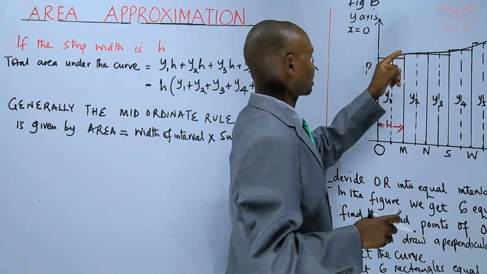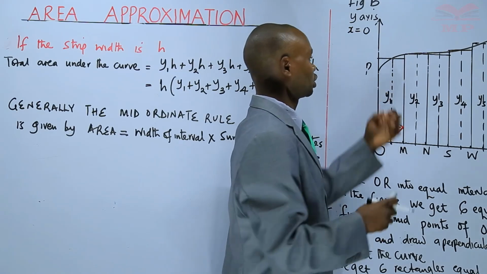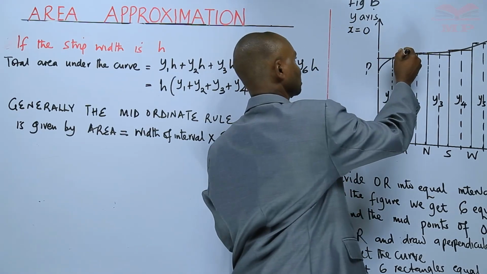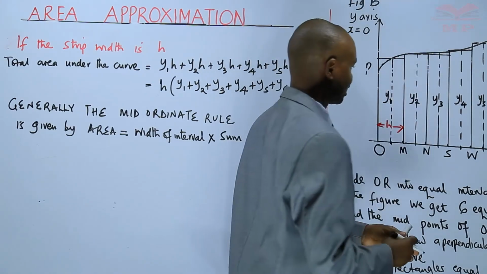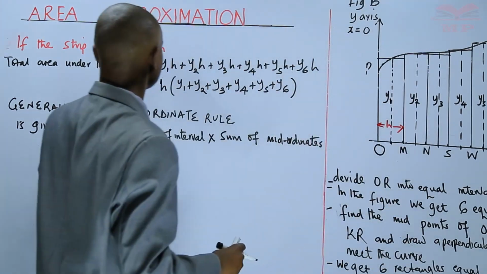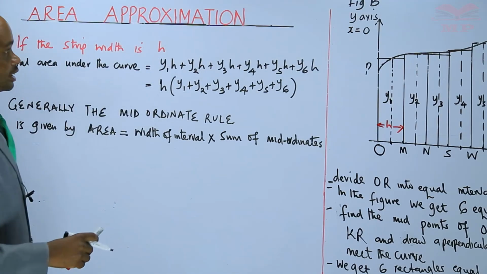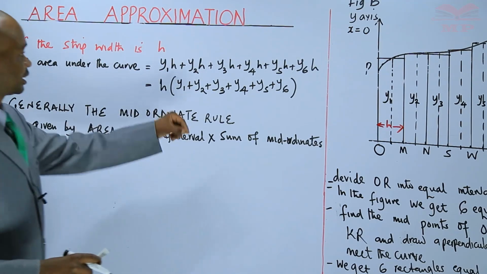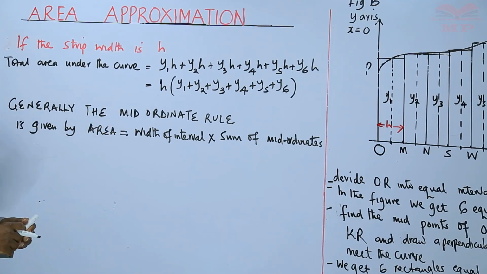On meeting that curve, we stretch to get rectangles which are actually equal to trapezia that can be projected like that. So after that, we get the sum of the area, the total area under the curve. So that's where we come out with the mid-ordinate rule of finding area.